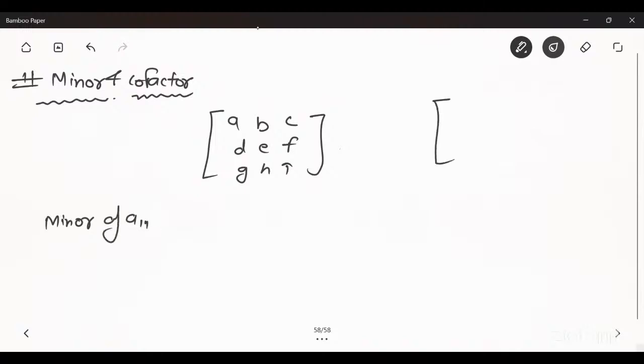A11 means the element in the first row, first column; first row, second column; first row, third column; second row, first column; second row, second column; second row, third column; third row, first column; third row, second column; third row, third column.